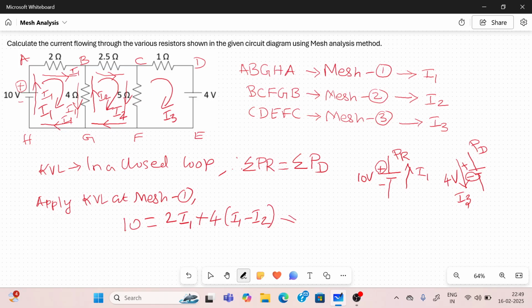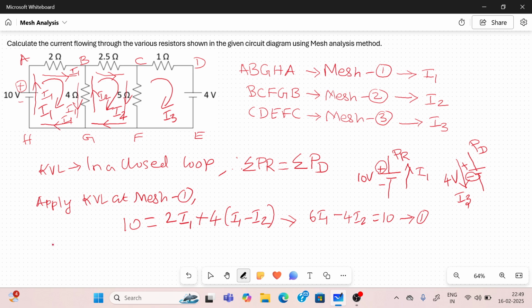What is the equation? 2I1 plus 4I1, totally 6I1, minus 4I2, which is equal to 10. This is equation number 1: 6I1 minus 4I2 is equal to 10. This is the mesh 1 equation, right?